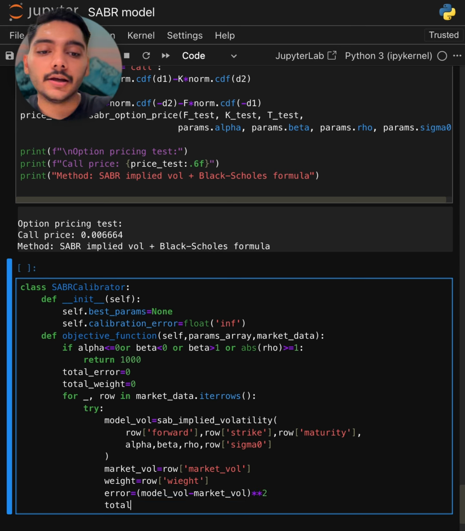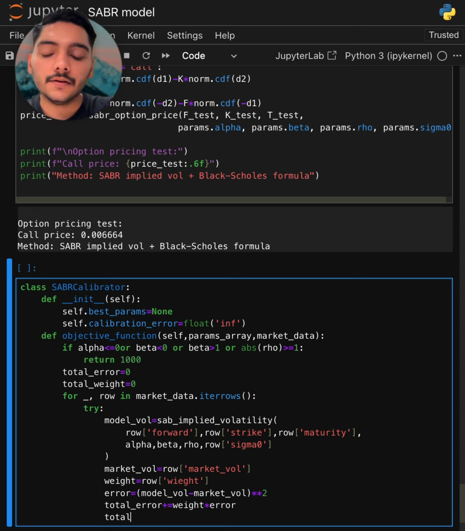Here total error will become total error plus weight into error, and total weight plus equal to weight.